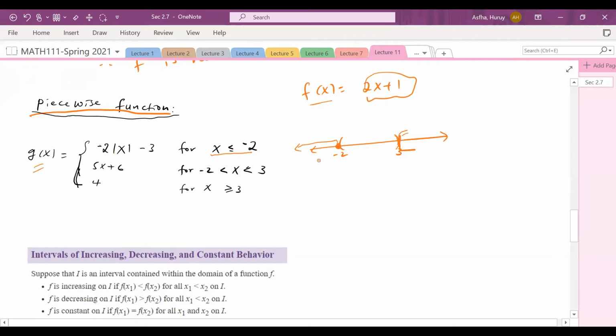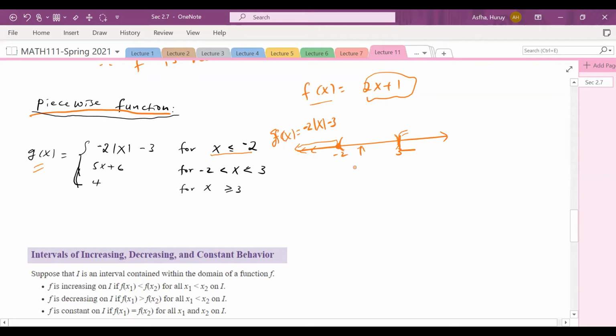So basically, the domain is all real numbers because the first one is going all the way to the left, and then we have in between, and then we have all the way to the right. If we combine all together, we have the whole real number line. But for each of these 3 intervals, we have different definitions. Here, g of x is -2 absolute value of x minus 3.